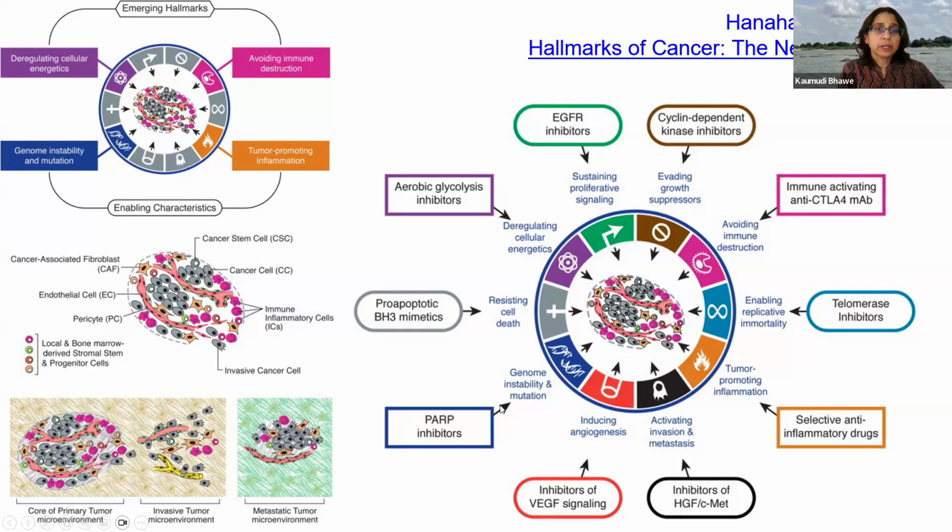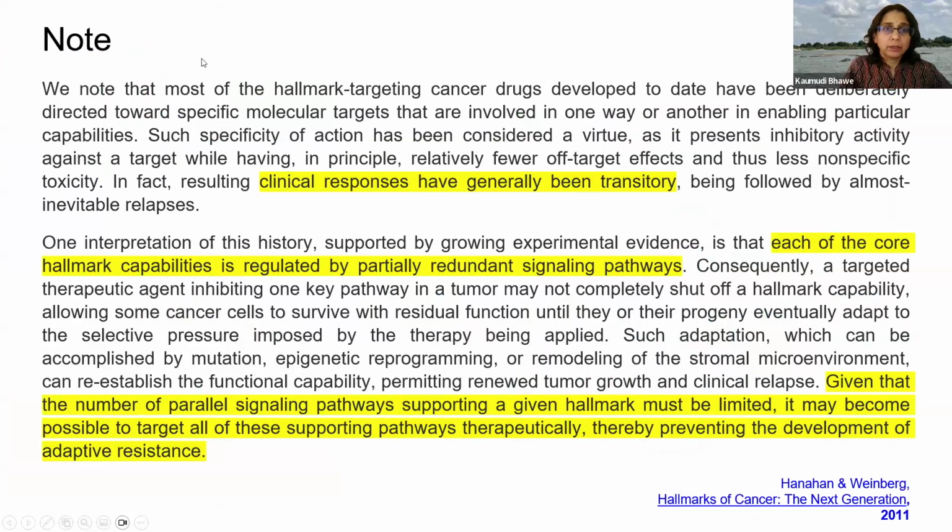You have PARP inhibitors if there's genome instability and a large number of mutations. You have, of course, inhibitors of VEGF signaling, which were some of the earliest remarkable drug approvals at the time, if the tumor is inducing angiogenesis and you want to attack that. So there's this whole array of treatments, but now we're in the age where we have to look at how they can be combined, and lots more needs to be done.